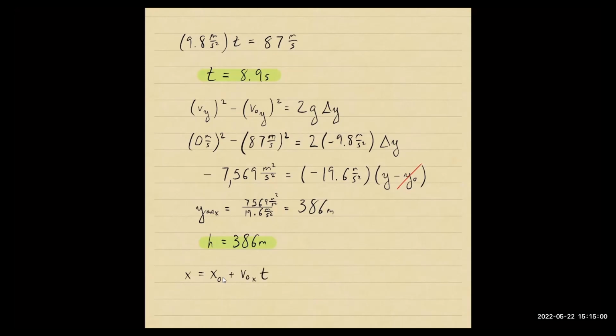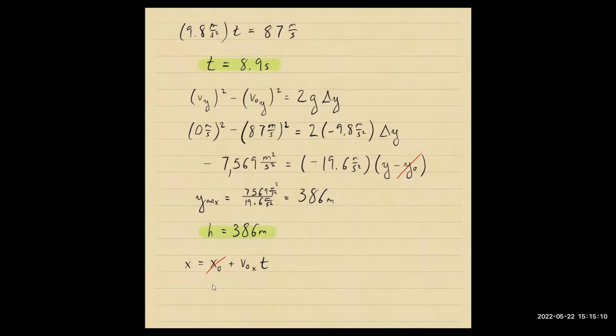So the good news is, since the ball was thrown from x naught equal to 0, that means that this term is gone. That's 0. And so the final position of our ball is given by the x component of our initial velocity vector, which we know, times how long the ball was in flight for.